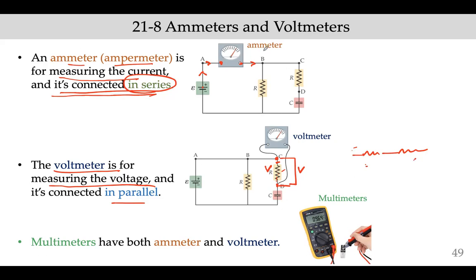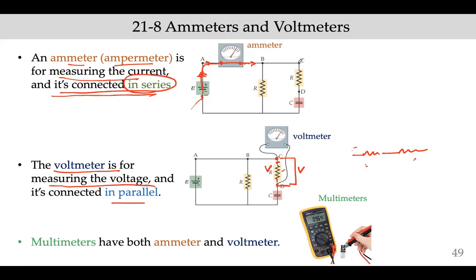Now, as for the ammeter, why do we cut the circuit and put it in between the terminals here? The reason is that we know the current in circuit elements is the same when they're connected in series. So if you want to measure the current here, you have to connect the ammeter in a way that it wouldn't change the current.